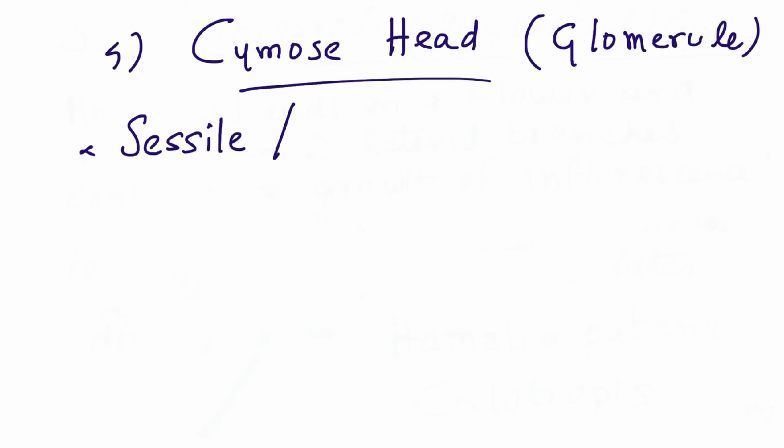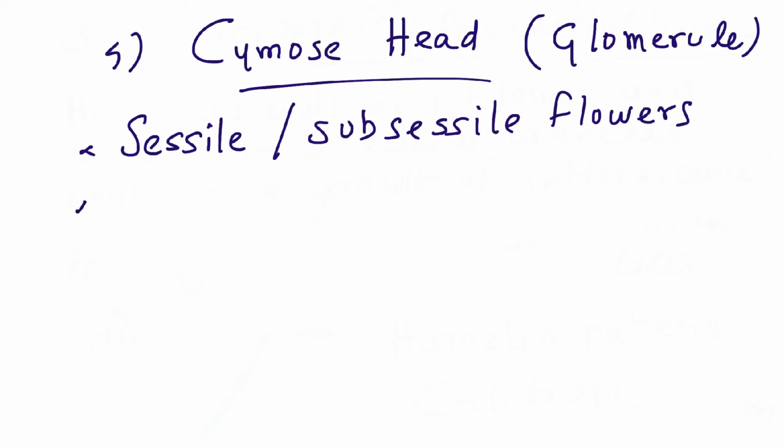Now we know that flowers having individual stalks are called pedicellate. So here sessile means the pedicel is not present. Subsessile means the pedicel is not nicely developed, something like it's sessile, but there is some rudimentary pedicel-like development. That's a key point.